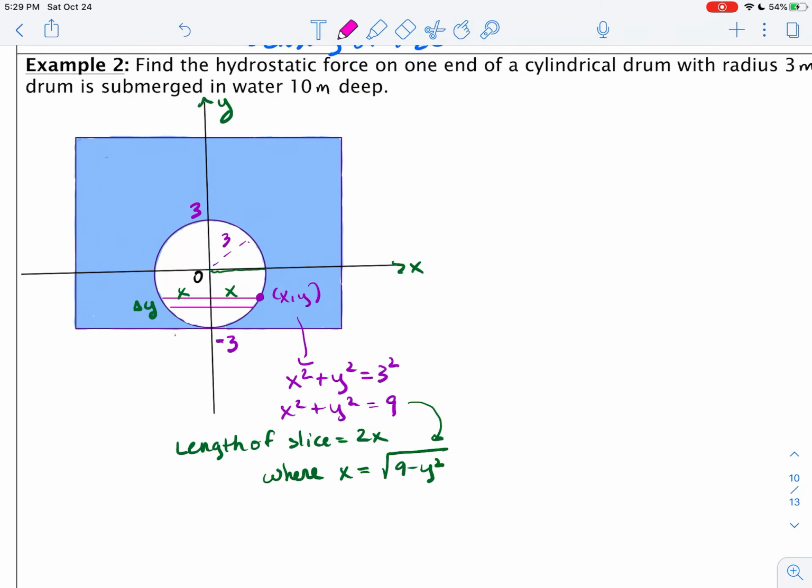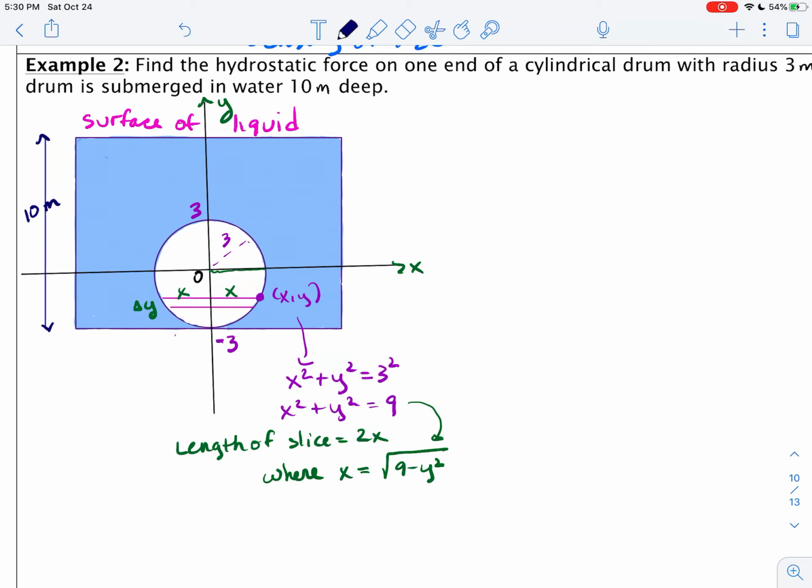Good. Now on top of that, let's see what the depth is so that we can put everything together pretty simply. We know this is the surface of my liquid, and I'm on my way to finding the depth of my slice. From the fact of the problem, this total distance is 10 meters.